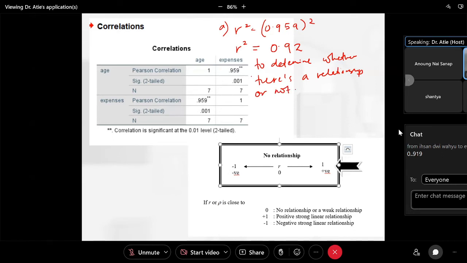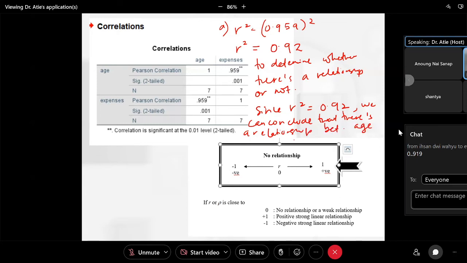So based on this number, since the R square is 0.92, which is very high, we can conclude that there is a relationship between age and expenses. That's part A.